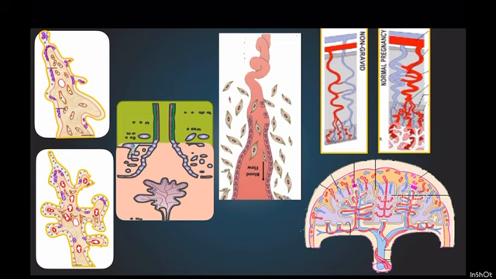In such a way, two changes happen when this syncytial trophoblast enters and modifies the spiral artery. What is that? One is the increase in the caliber of the vessel. You can find out the difference between here and here. There is an increase in the caliber of the vessel, plus they are no longer under the influence of vasoactive substances.